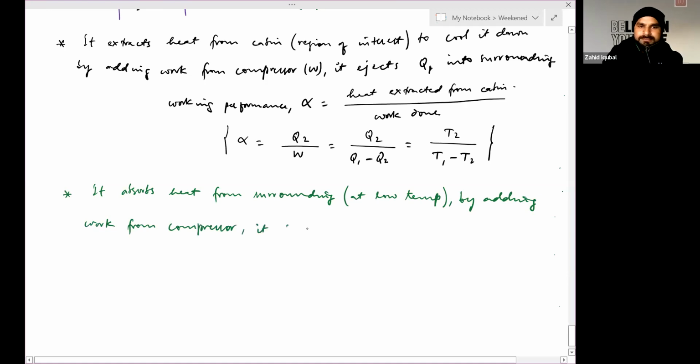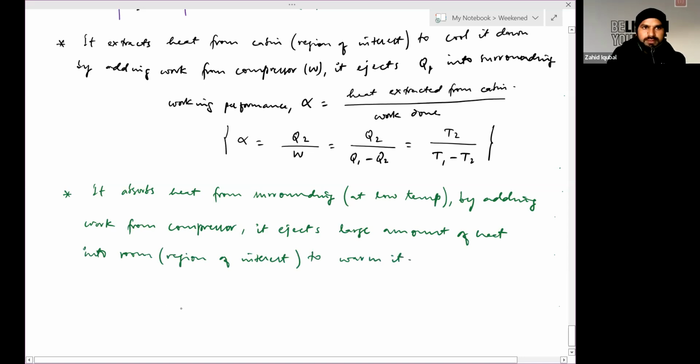It ejects large amount of heat into a room, that is a region of interest, to warm it.